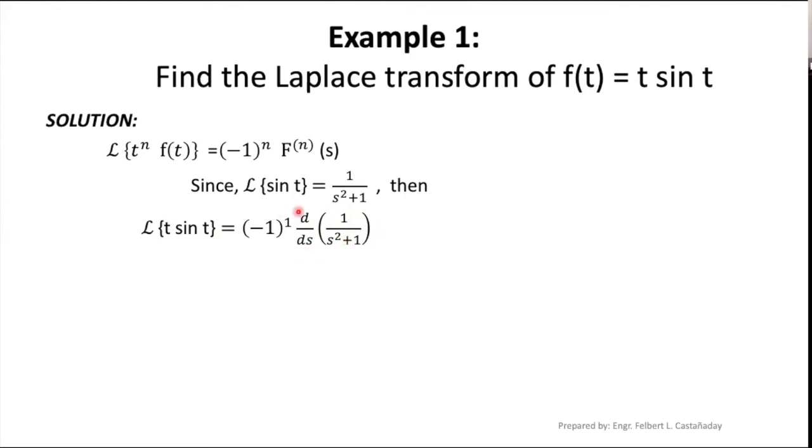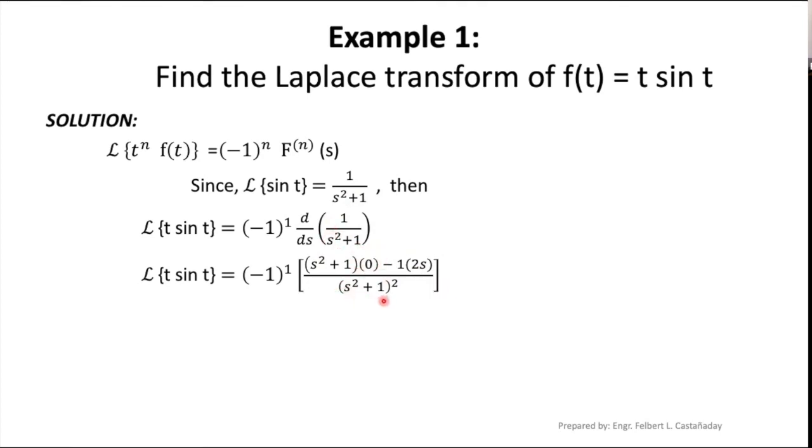So you have this symbol, d, it means to differentiate 1 over s squared plus 1. So using quotient rule, the denominator times the derivative of the numerator, which is, in this case, 0, yung derivative ng constant. Okay, minus 1, copy this one, times derivative of the denominator, 2s, all over the square of the denominator.